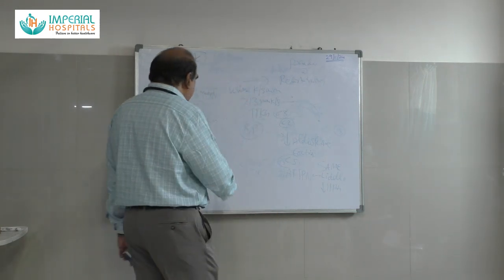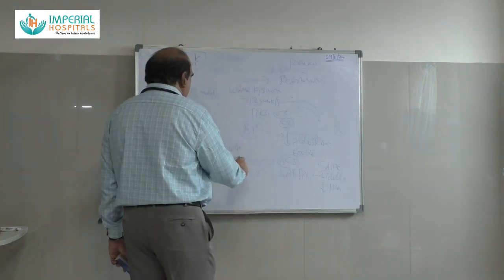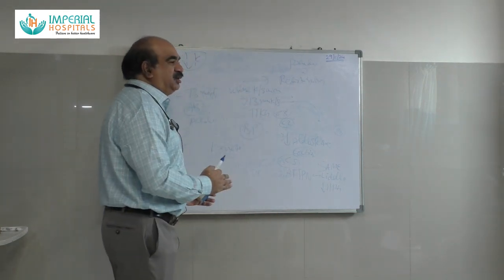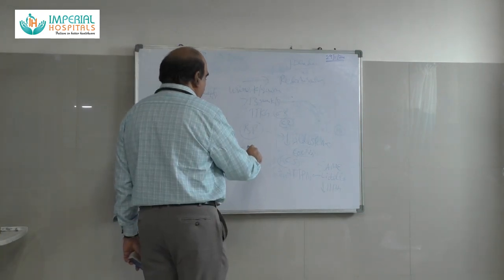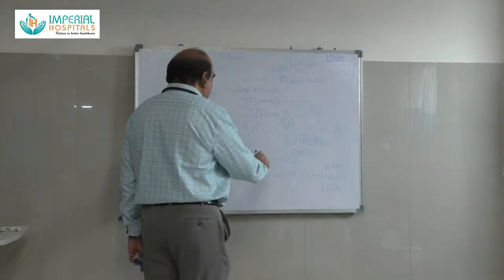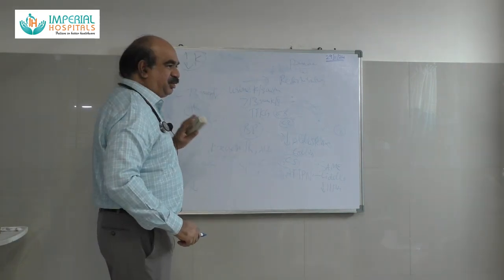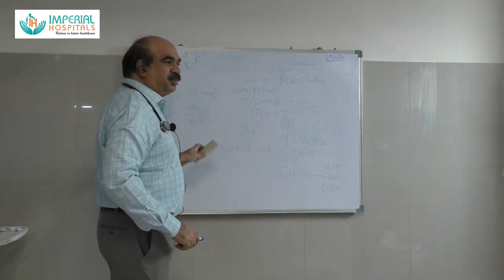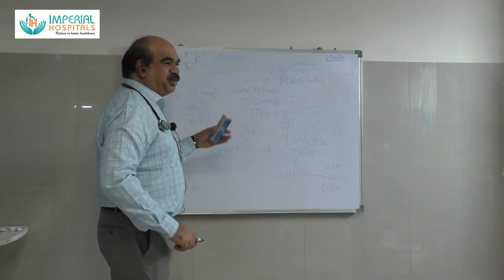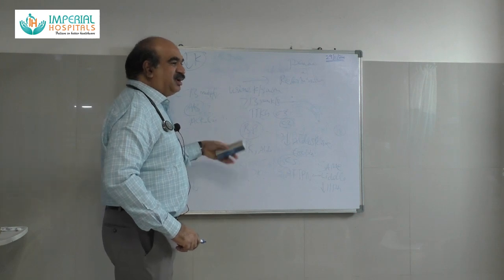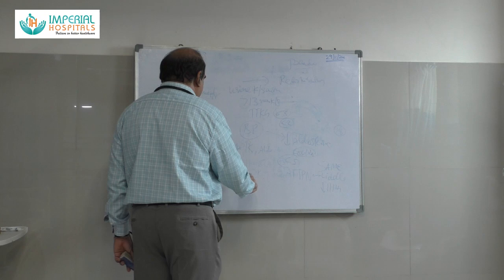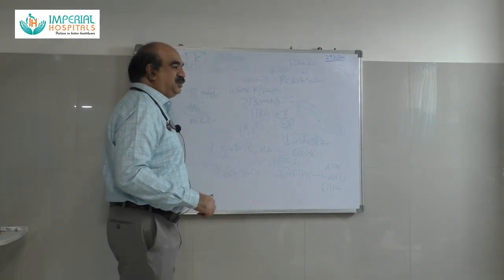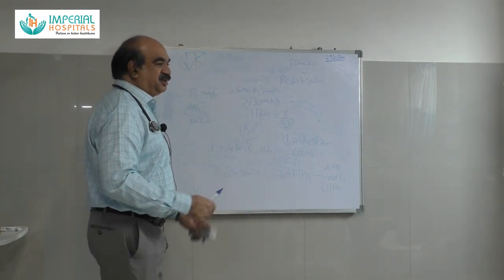The most important is potassium secretion. Name two factors which influence potassium secretion. Important factors are the potassium level in the blood, hyperkalemia, and aldosterone. What are the two important factors which mediate aldosterone secretion?